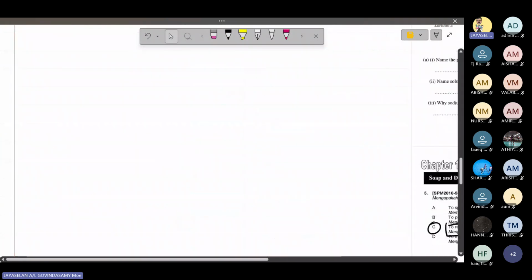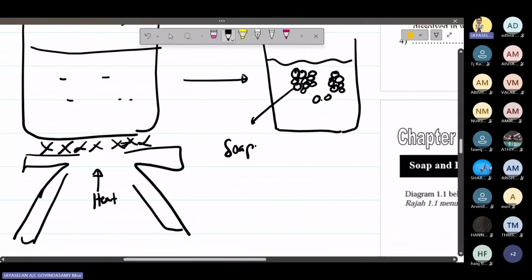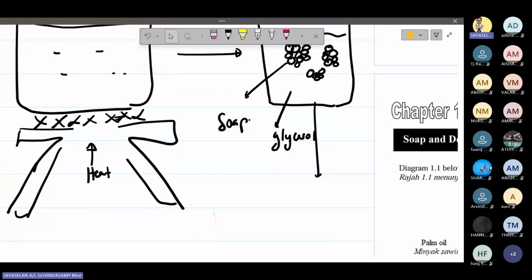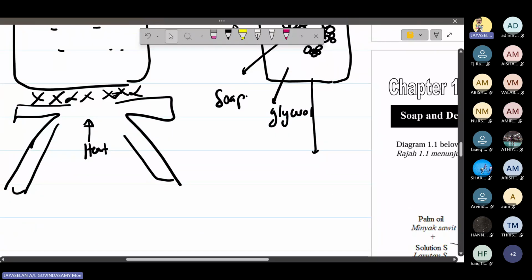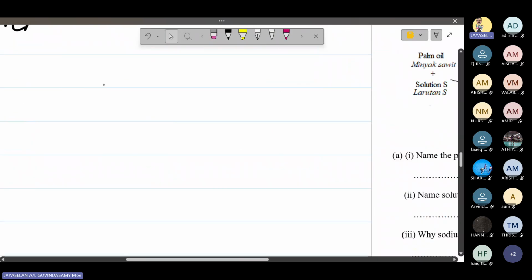All right. So now after you already got a lot of soap precipitate like this, how to remove the soap, and we have one more called glycerol. How to separate soap from glycerol, what process do we do? We do the filtration process.